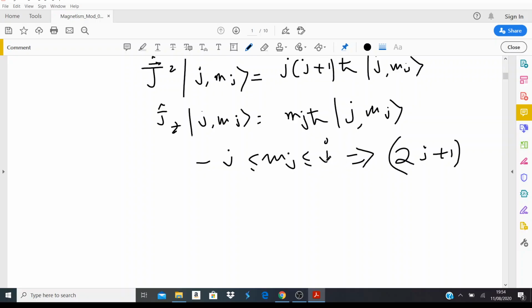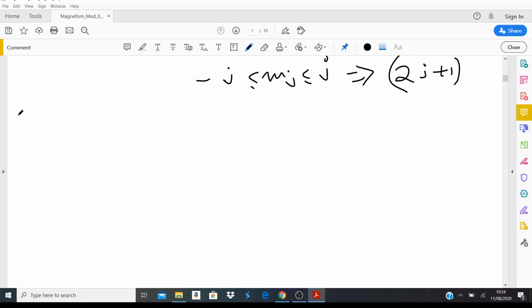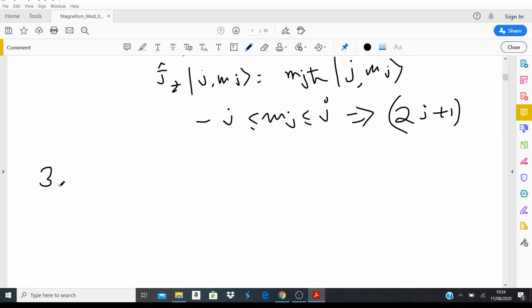And now the question to ask is, when you want to understand magnetism, you should ask yourself, what is the magnetic dipole moment corresponding to this J operator, right? So we have some electron, and the electron has total angular momentum, and we are asking what is the magnetic moment operator of the electron due to this angular momentum.